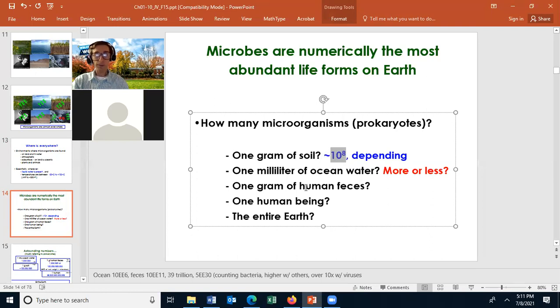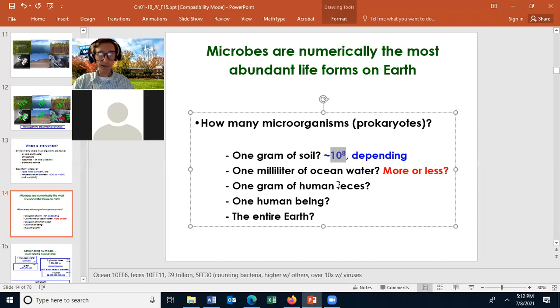How about 1 gram of human feces? More or less? More. Yeah, you'd have more. Obviously, it depends on the condition of the human feces. If it's fresh out of the body, it would be more.